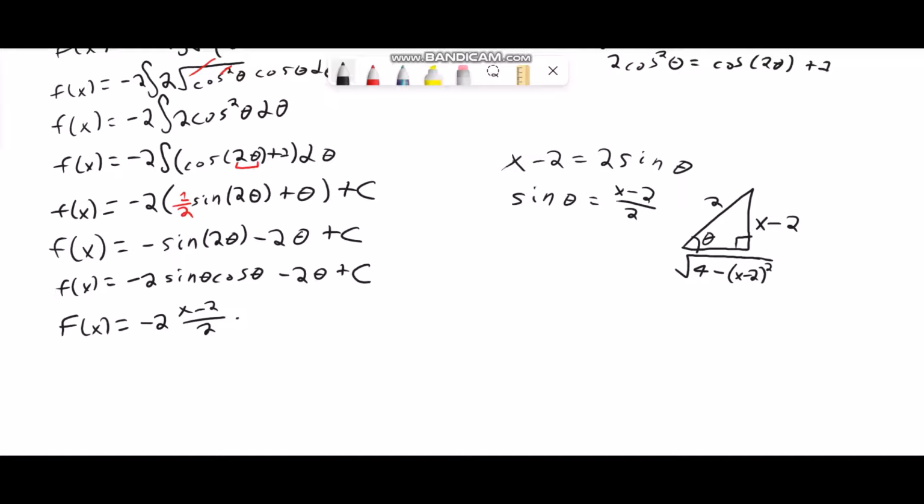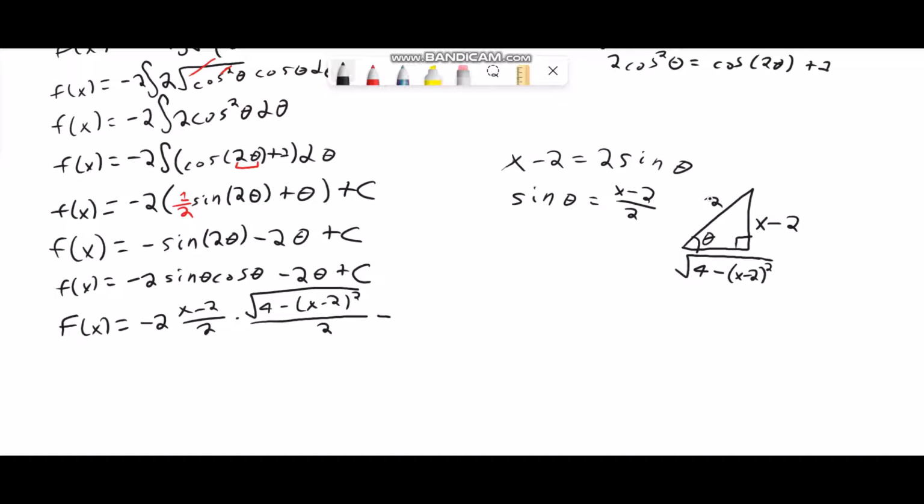Cosine theta, to get cosine theta, that's where the right triangle comes in. Because cosine theta, in the right triangle, cosine is adjacent over hypotenuse. So it's going to be adjacent over hypotenuse.